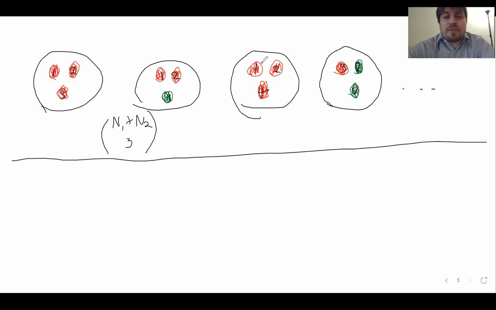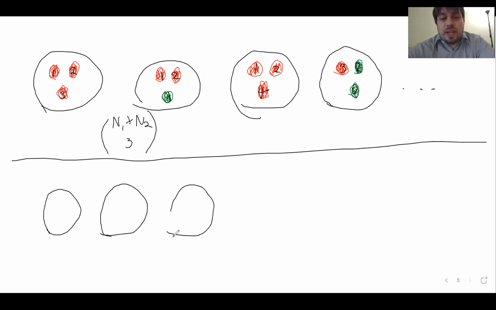You have a different number of defective hand grenades. But the numerator is saying, I only want to count all the ways in which exactly 2 of them are defective. So this one has exactly 2 defective, so it would be in this count, because you had 2 defective, 1 non-defective.